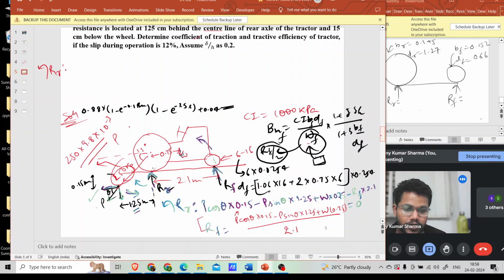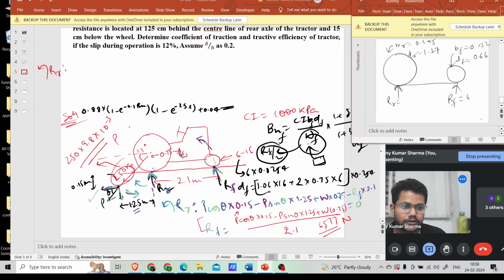You have done it in Newton, right? 6577 in Newton. W you have converted in Newton, so you can do it in kilonewton. That will be easy for you. It is 6.57 or 6.58 kilonewton.